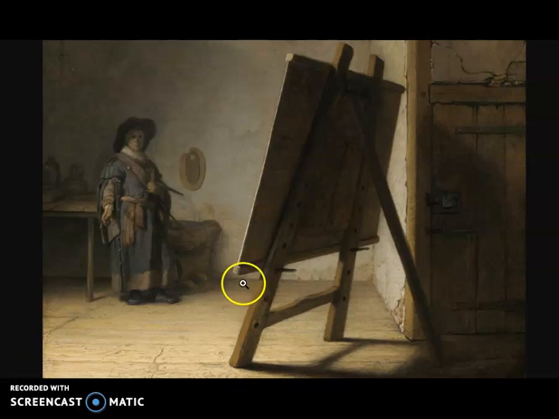Look how much the ground plane takes up of the surface, this big ground plane, and how close to the picture plane the edge of the easel is, as if the easel is closest to the viewer, whereas the painter is more in the background, which creates an interesting flip of our expectations. That's what the formal analysis terms are meant to do, to help you have tools to see more, to think more, to confront aspects of the artistic choices that you might not even have noticed.